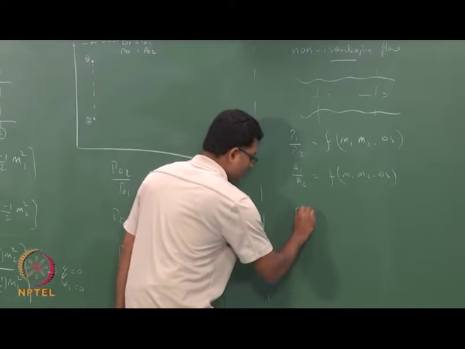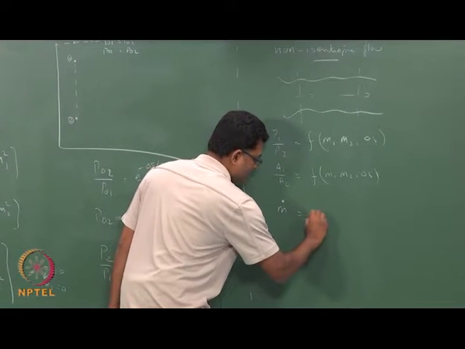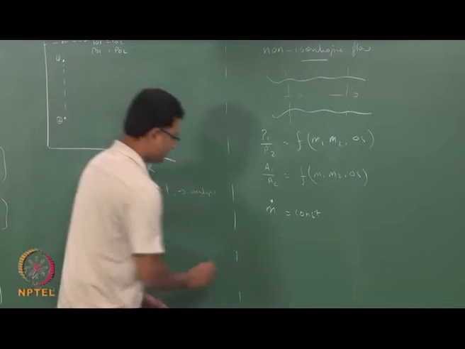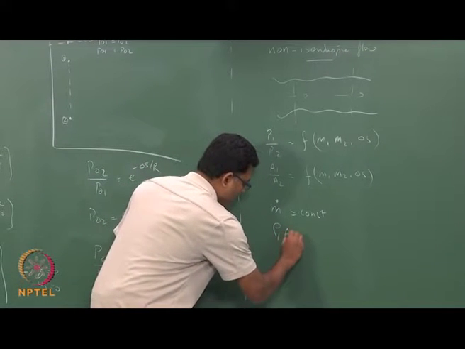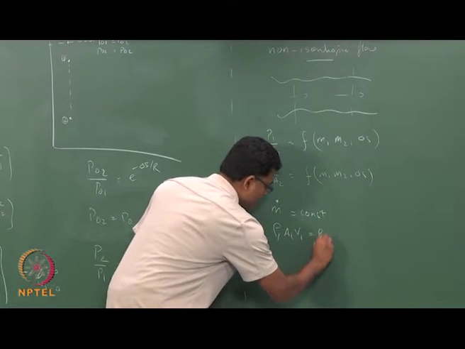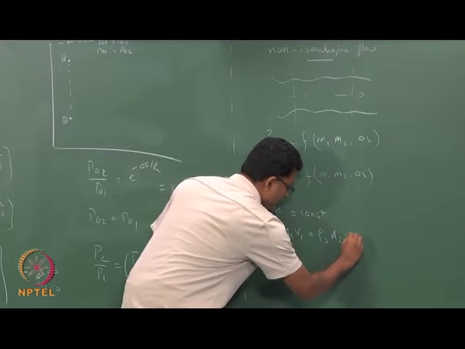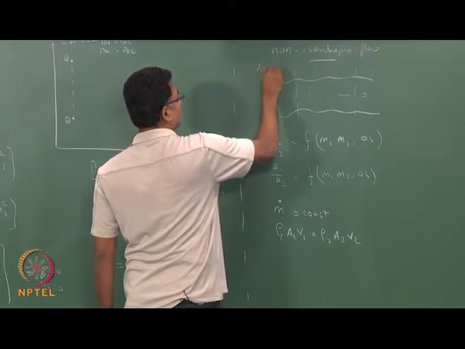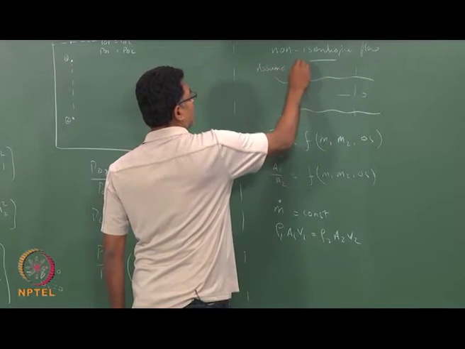My m dot is constant. So, I can write rho 1 A1 V1 equals rho 2 A2 V2. Assume 1D flow.